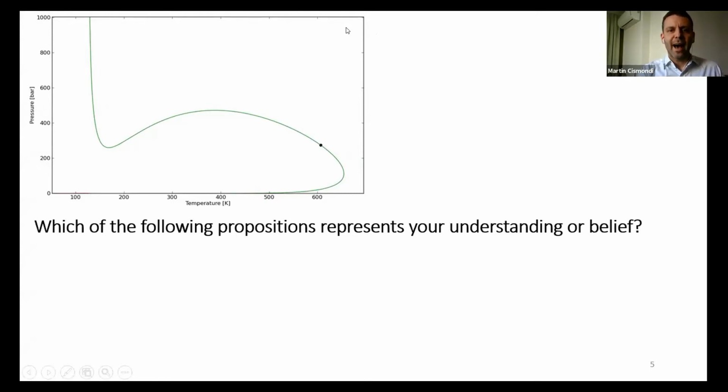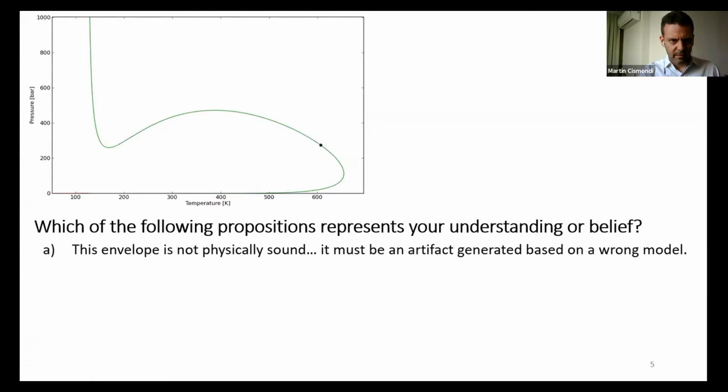So I want to ask you, which of the following propositions represents your understanding or belief regarding this type of strange envelope? Proposition A is, this envelope is not physically sound.